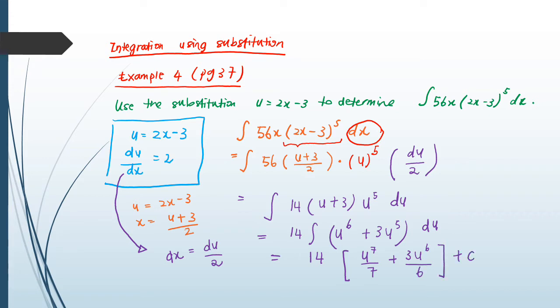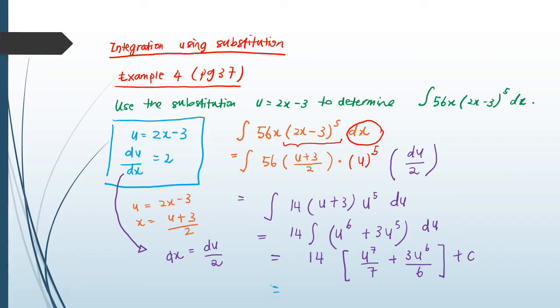Do we leave our answer like this? Of course not. How should we actually write our answer? You will have to write it back in the form of x, because the question given was in x, and hence you are expected to present your answer in the form of x.